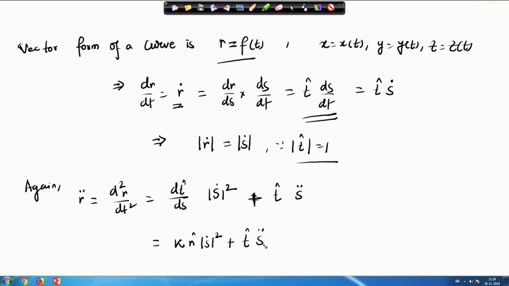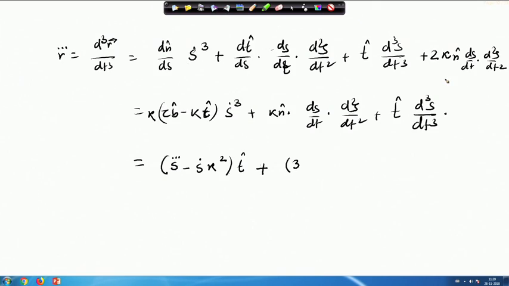The second term is dt ds ds, yeah, so the other things are fine. So there was one more term missing, so I can write this term here, 2 kappa n cap and dt ds dt times d square s by dt square, and here then this will be 3 actually, yes, so here we have 3 s dot s double dot plus s dot square times kappa, and there is another kappa here, n cap plus s dot cube kappa tau b cap.